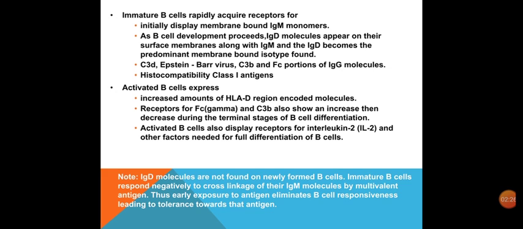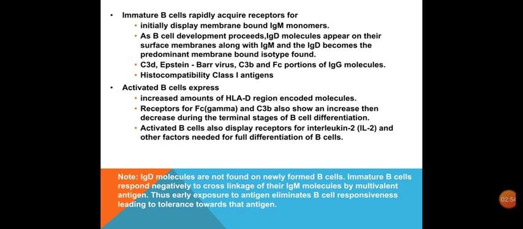Receptors differ between immature B cells and activated B cells. In immature B cells, the surface acquires immunoglobulin M monomers. As B cell development proceeds, immunoglobulin D molecules appear on the surface membranes along with immunoglobulin M, and immunoglobulin D becomes the predominant membrane-bound isotype found.